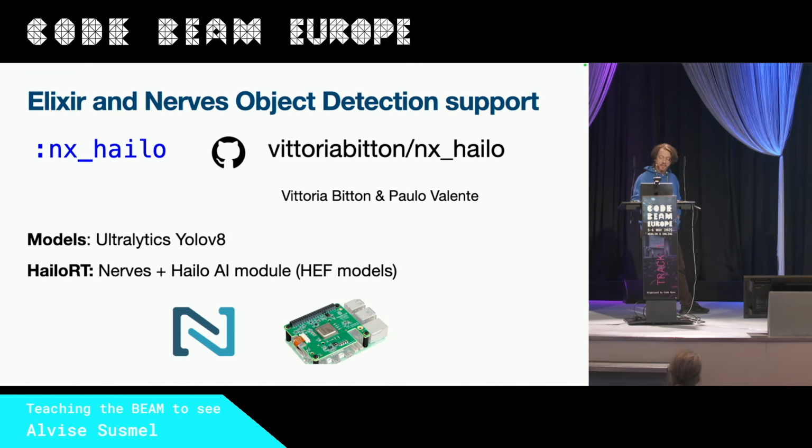So right now the YOLO library doesn't support this device, but you can use NX Hailo, which was built by Vittoria Bitton and Paulo Valente. It's a Nerves firmware, so there is everything.